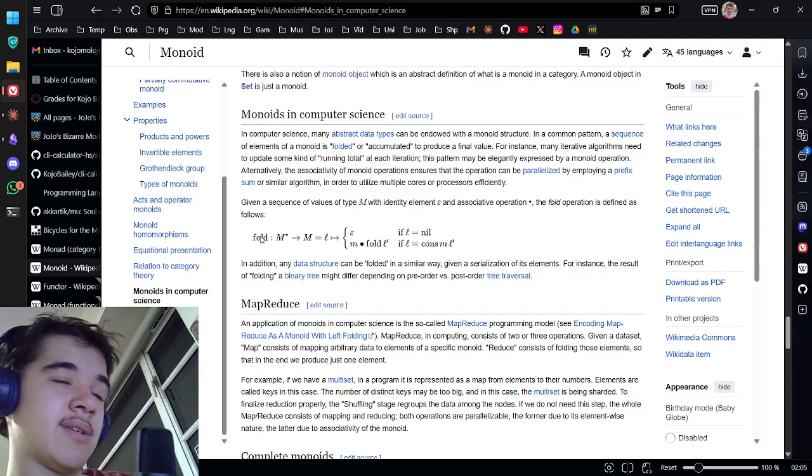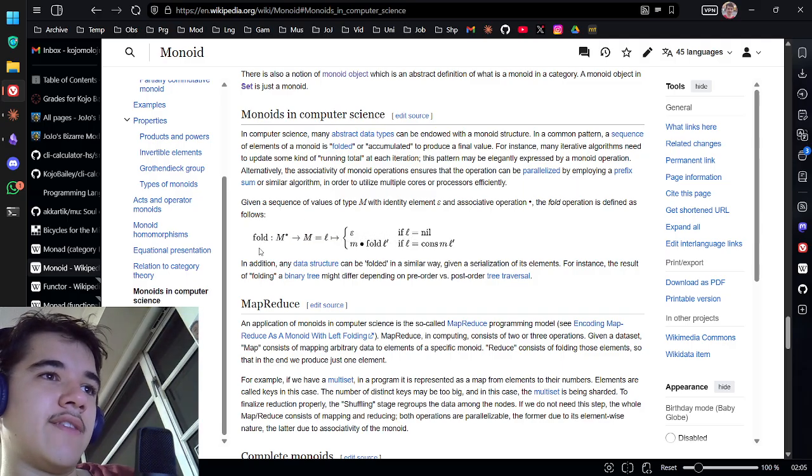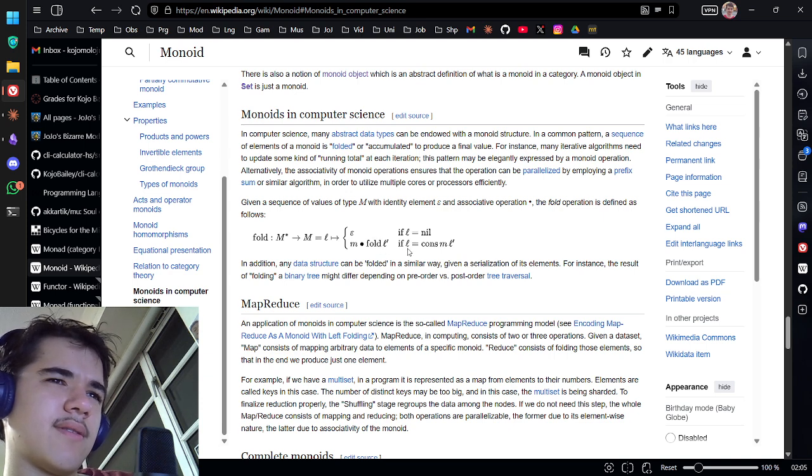So here, which defines it mathematically, the fold is from M star to an M, which is defined with the associative operation, if L equals cons M L prime, or L equals nil. What?